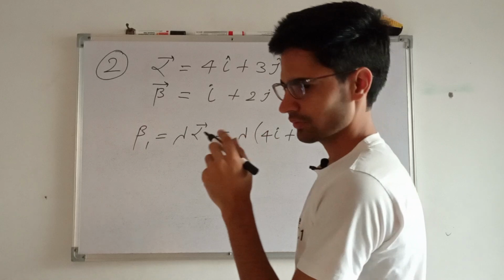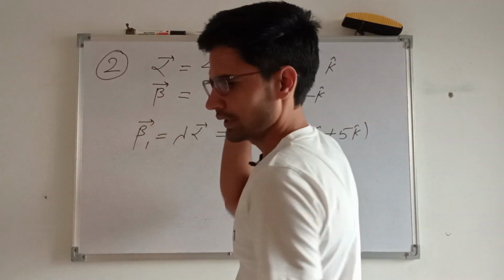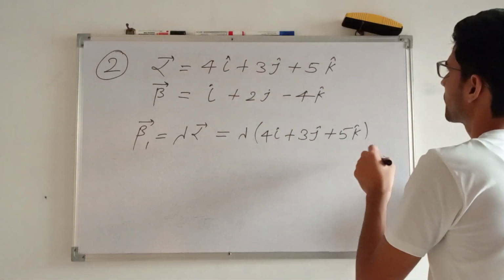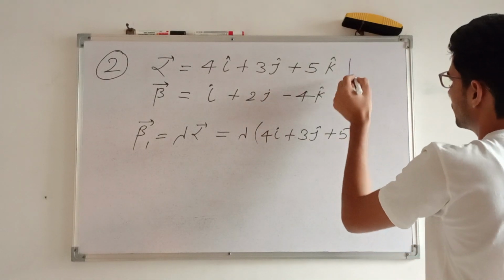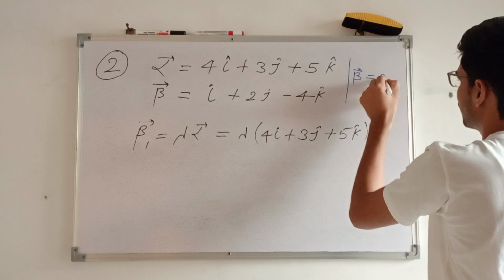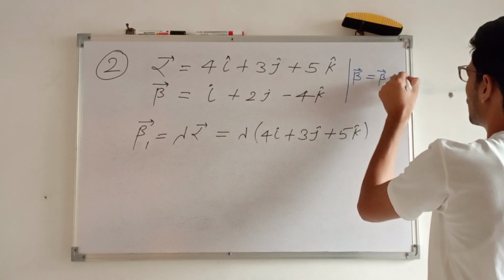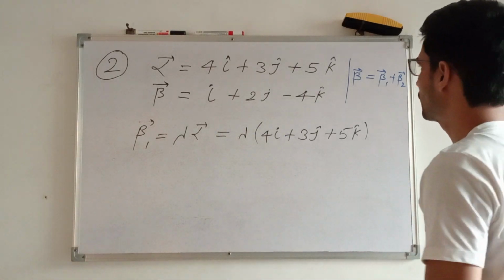This is vector beta 1, and given that beta is beta 1 plus beta 2, it is given that vector beta is equal to beta 1 plus beta 2. This is beta 1. Then what will be beta 2?